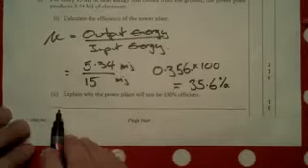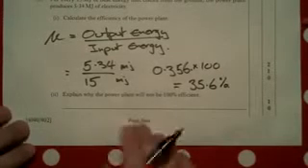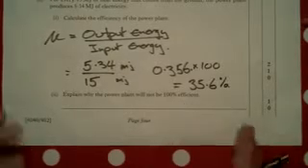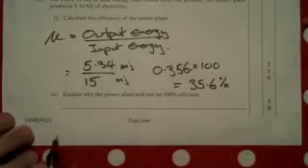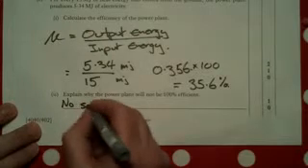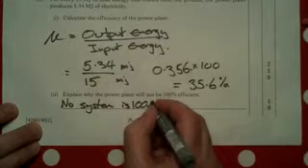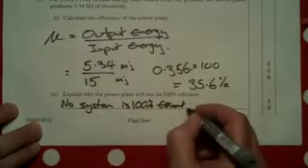Next it says explain why the power plant isn't 100%. No system can be 100% efficient. There is always an energy loss somewhere, either heat or sound, or somewhere energy is dissipated. So no system is 100% efficient.